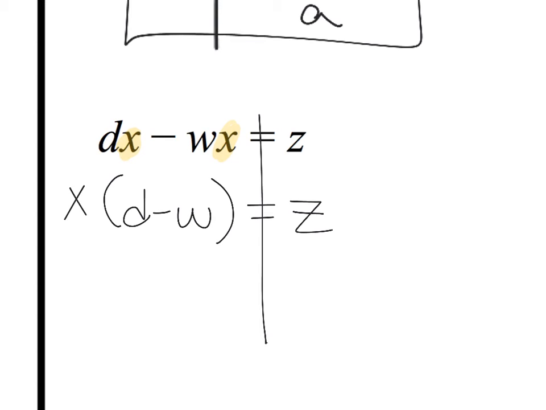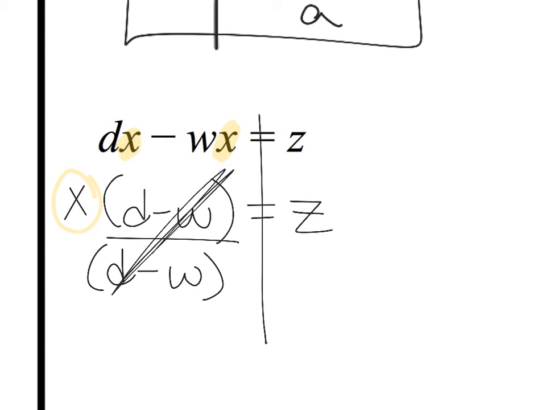D minus w. So now you only have one x. That's good news. That's what we're solving for. I want x by itself, and so that's multiplication. And we said the next thing we do is divide by d minus w. You can put it in parentheses. You divide by all of that on both sides.